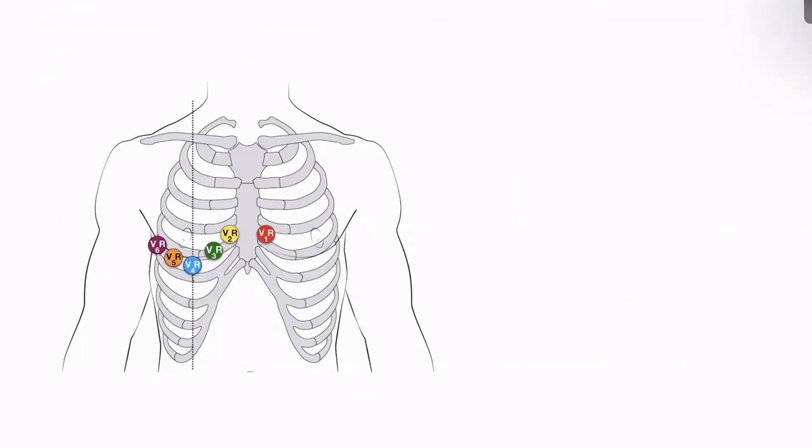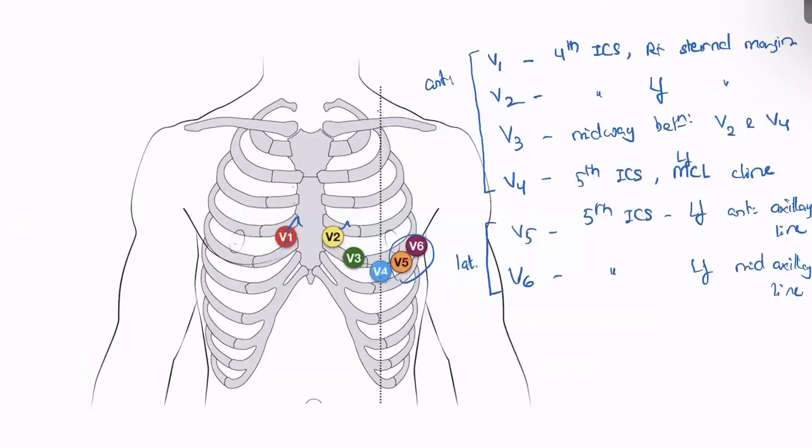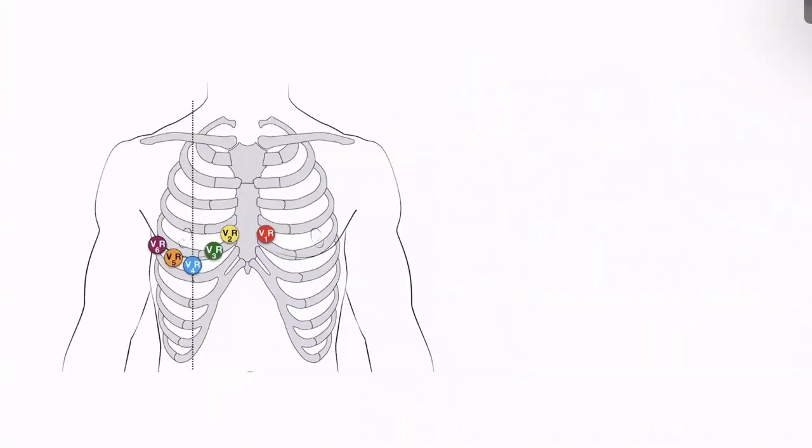Okay. Another thing is that this is the basic leads. This is what we usually do for lead placement. But in case of RV infarct or posterior infarct, we change the position of the leads to record more precisely. For the additional leads, the RV leads, how can we record right-sided leads?